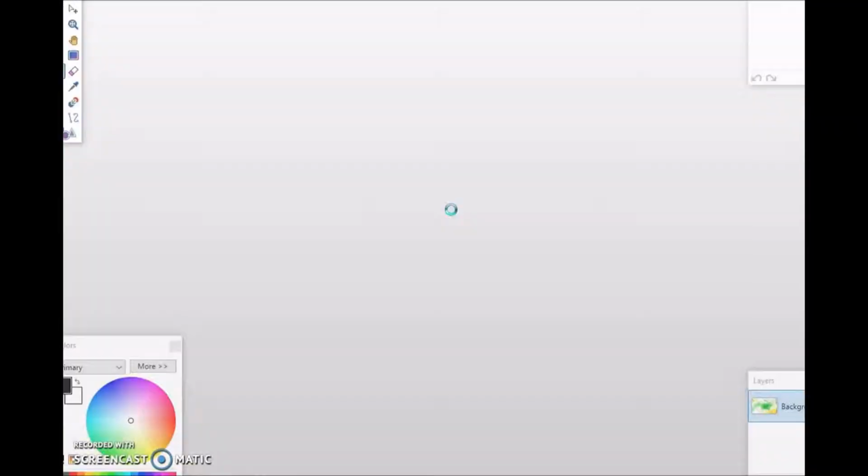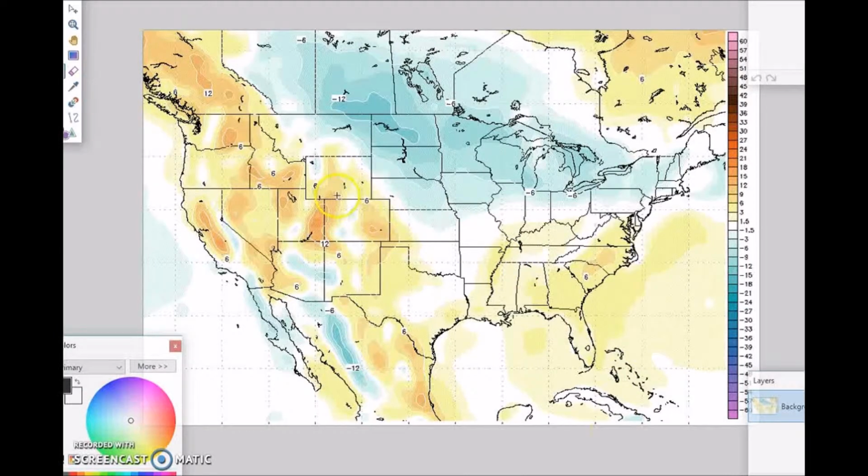So for this forecast period, I am forecasting above normal temperatures here and for the southeast into the Tennessee Valley, with anomalies of 6 degrees or more. And there are chances for greater anomalies of near 12 degrees possible in the Four Corners region. Elsewhere it'll be about 4 to 6 degrees.